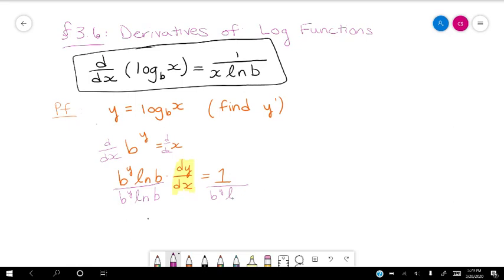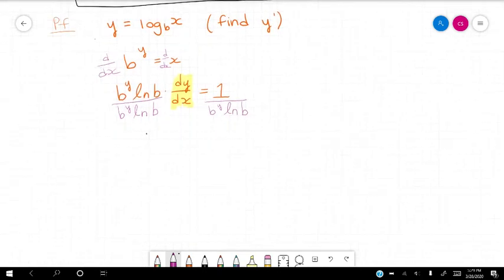All right, so we're solving for that highlighted part. All right, so where are we at? We're at dy/dx is equal to 1 over b to the y natural log of b.